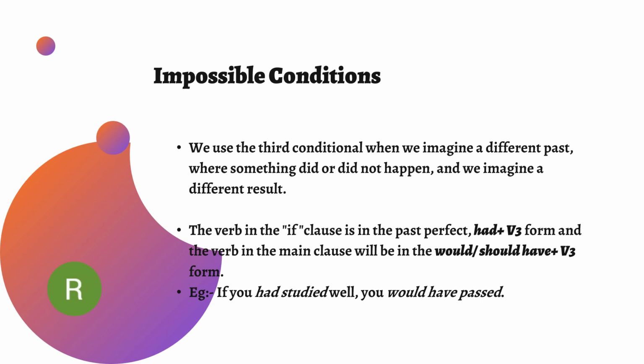In the if clause, the verb will be in the past perfect form, that is had plus verb 3, and in the main clause, the verb will be in the format would or should plus have plus V3 form. If you had studied well, you would have passed in the examination. There is no possibility of passing the examination because it has happened long ago or in the distant past.